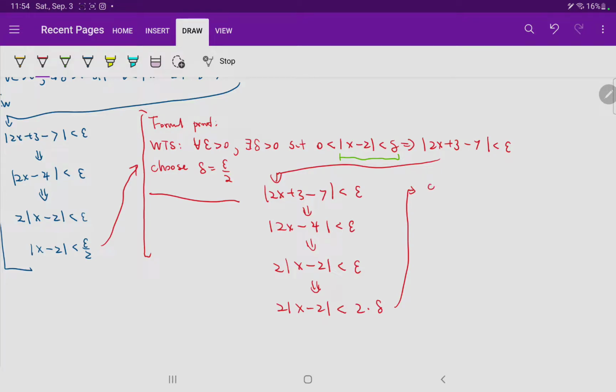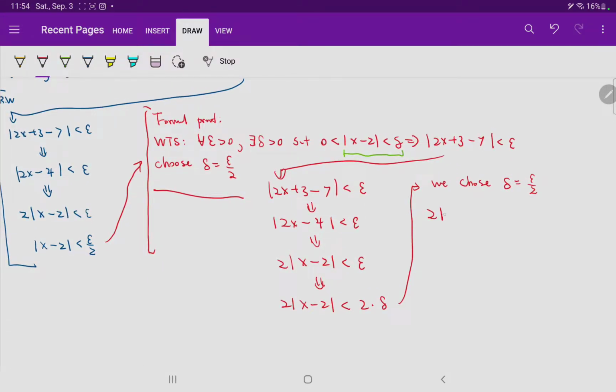And then let's keep writing here. We chose delta to be equal to epsilon over 2. So therefore 2 times the absolute value of x minus 2 is smaller than 2 times epsilon over 2, because we're just replacing delta with epsilon over 2, which is what we chose in our rough work.